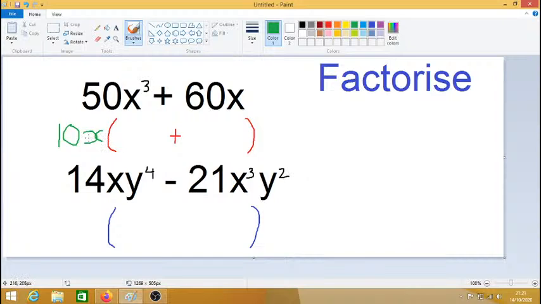That would be the factor I need to be able to make both. So 10x times 5 would make the 50, but I need to make x cubed as well. So that's going to need 5x squared altogether. And then the same 10x, how can I use that to make the 60x? Well, that's easy, I just need it times by 6. And there's your first bracket done.